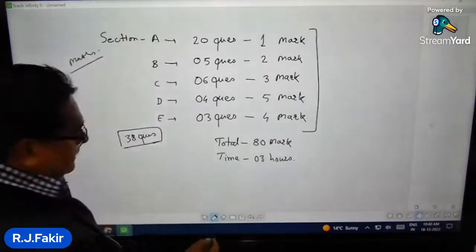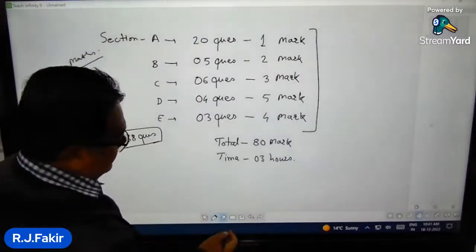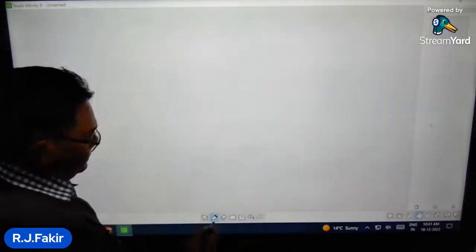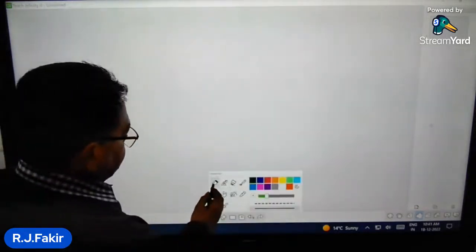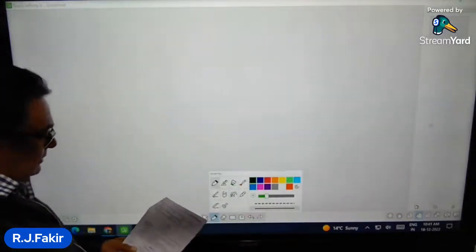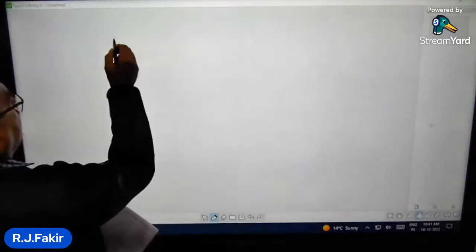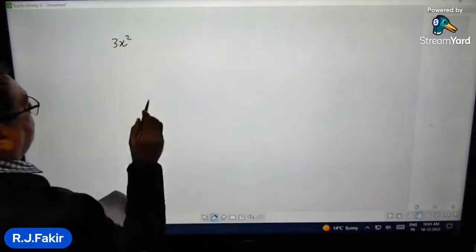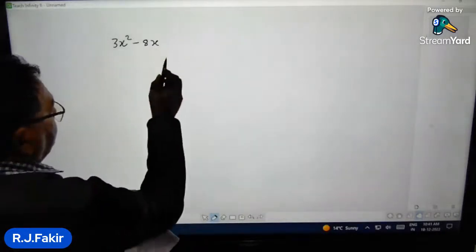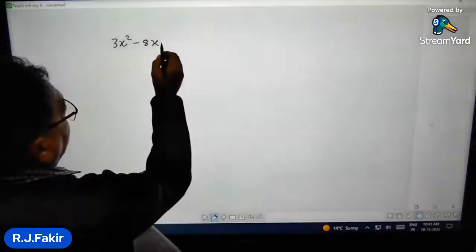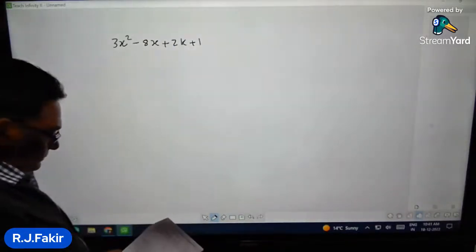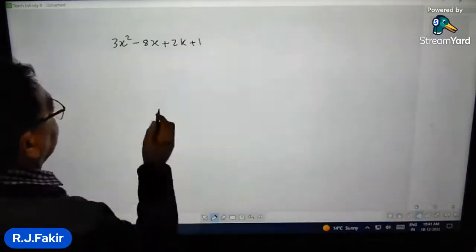Here you will find questions like, if some polynomial is given to you, like 3x square minus 8x plus 2k plus 1. This is some polynomial in x.